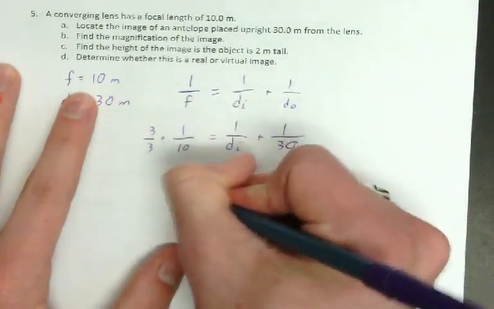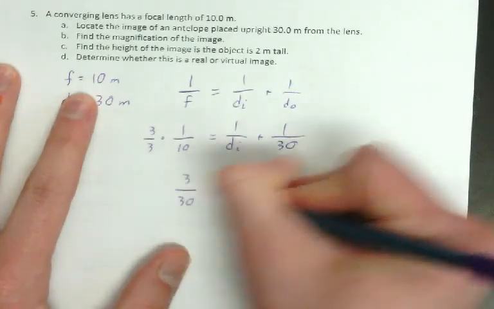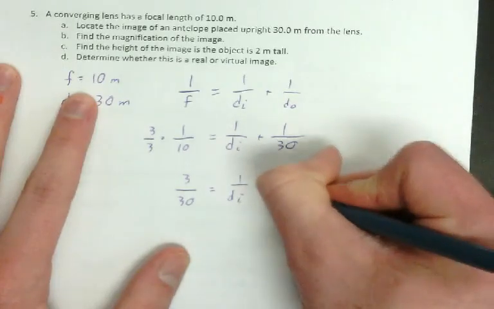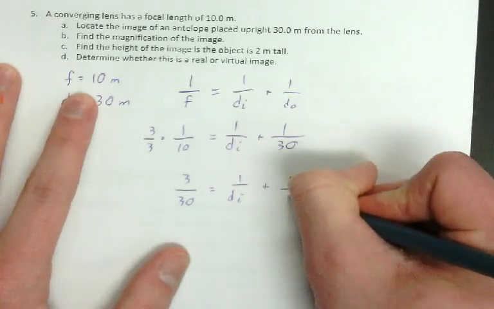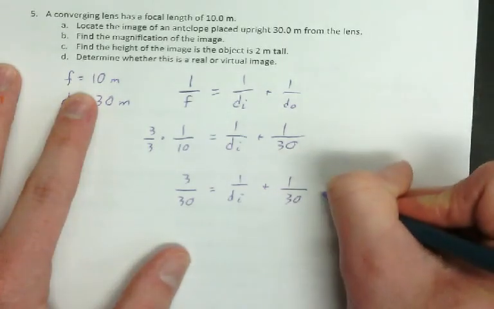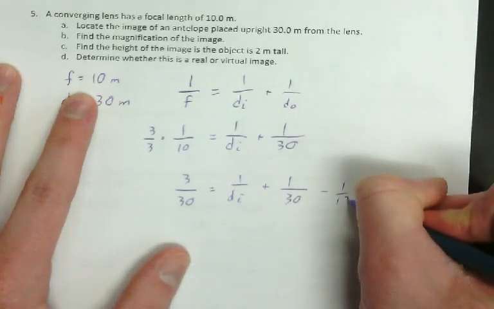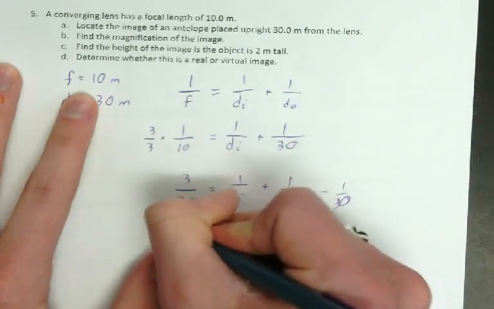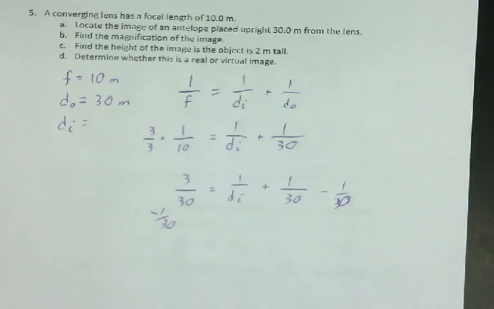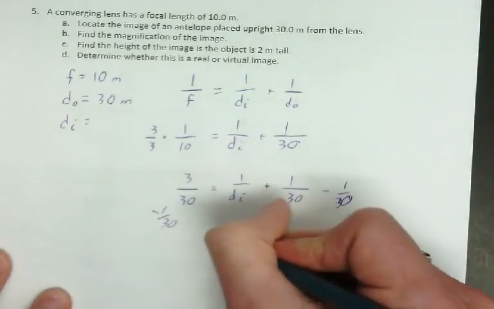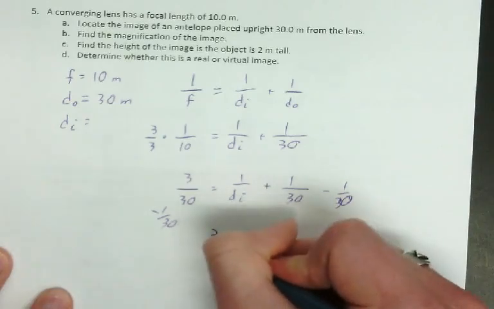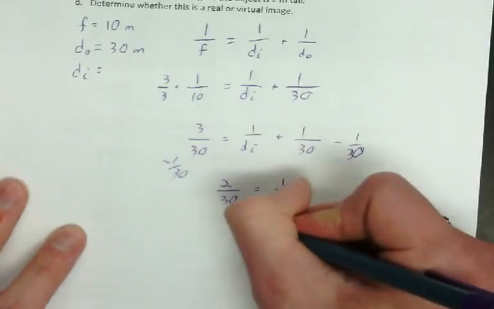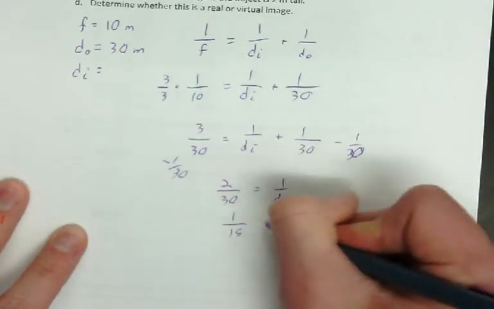That gives me 3 over 30 equals 1 over DI plus 1 over 30. So I subtract the 1 over 30 from both sides. Gives me 2 over 30, which simplifies down to 1 over 15.